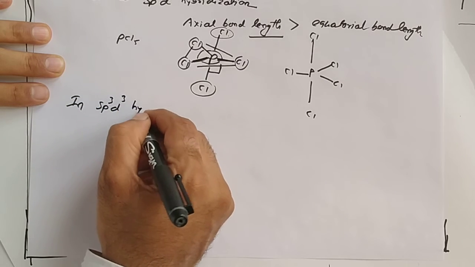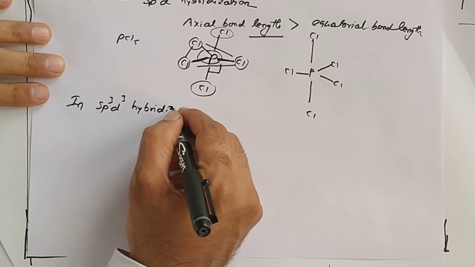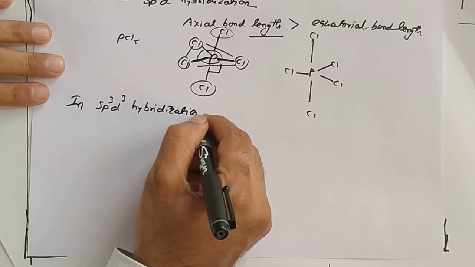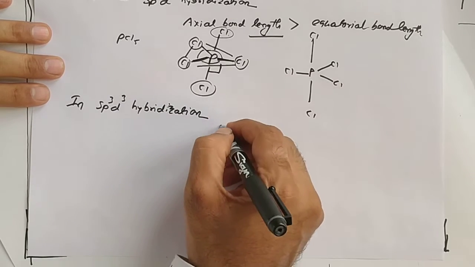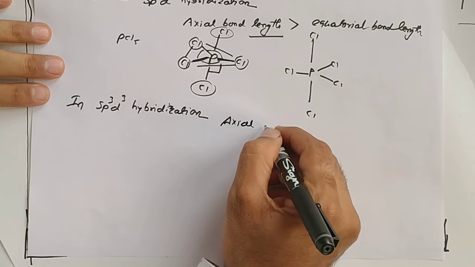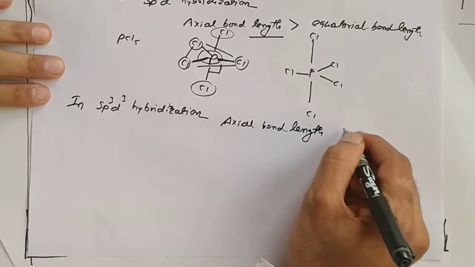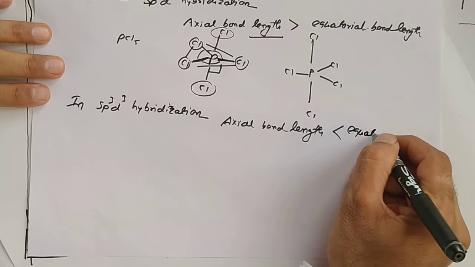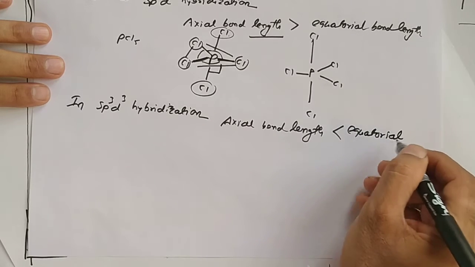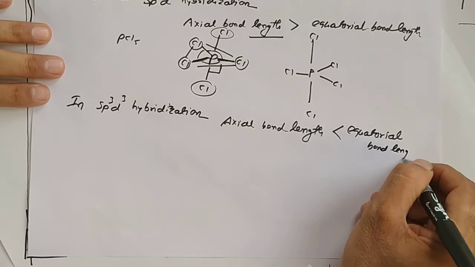Now in sp3d3 hybridization, the axial bond length is shorter than the equatorial bond length.